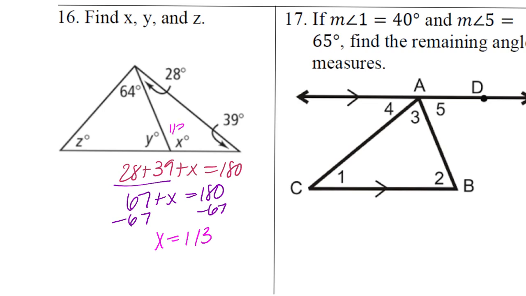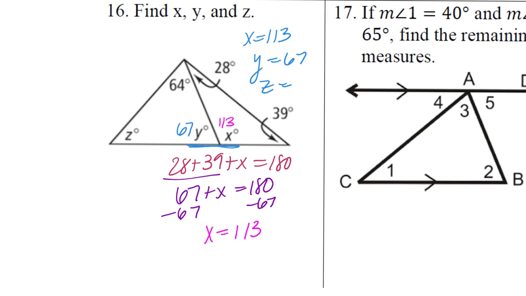So if this is 113, we need to then find y. And we can do that because they are a straight line, which means it adds up to 180. So 180 minus 113 will give us the 67 we had before. So we know that y is 67, so x is 113, y is 67, and now all we have to find is z. And we can do that because we have the other two angles in that triangle.